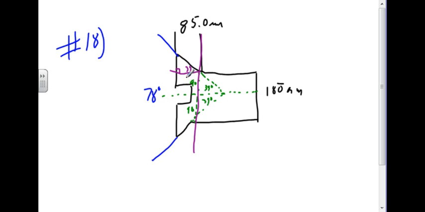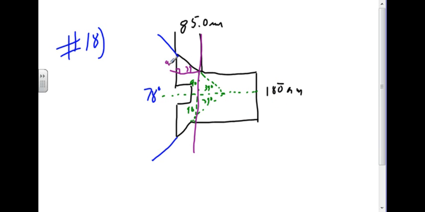Okay, so now I know this side, that angle, I can find A. Once I have that A, I have an A there, an A here, and I have a 180, and I just go 2A plus 180, I'm all done.